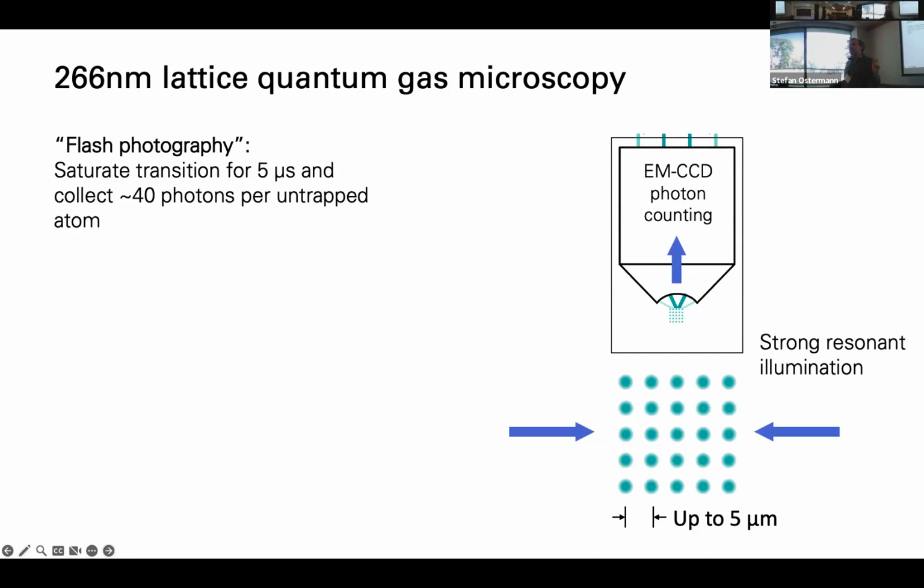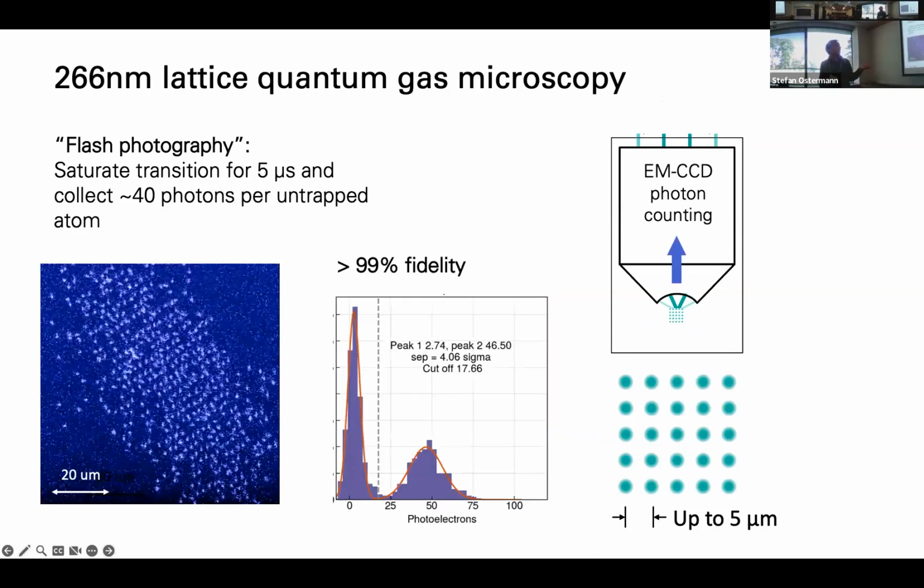And after we do that and we have them well spaced, the cool thing is that we can do very simple imaging. We just shine resonant light onto the atoms for only about 5 microseconds. And then we scatter enough photons before the atoms fly away to very clearly tell us if we have an atom or not on a lattice site. And so the beauty is that that's very simple. I guess in my group, we often turn the complexity into the optics part to make this accordion lattice.